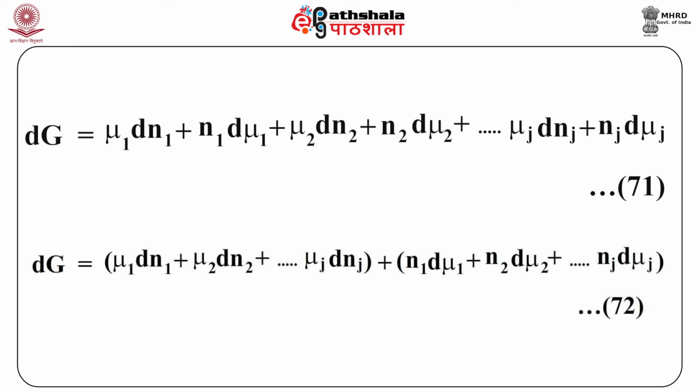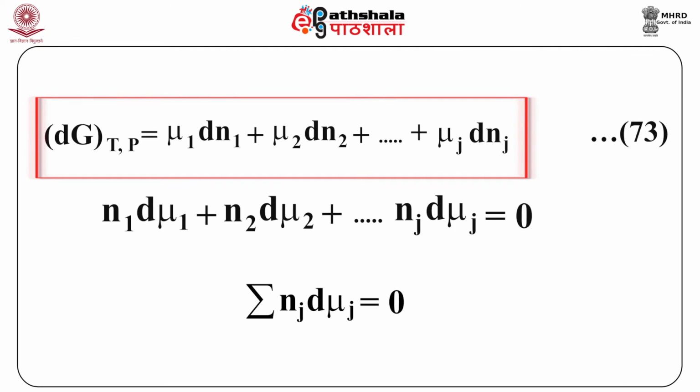Separating the differential of chemical potential and the differential of number of moles terms, we have dG equals mu1 dn1 plus mu2 dn2 plus mu j dnj plus n1 d mu1 plus n2 d mu2, up till nj d mu j, as our equation 72.